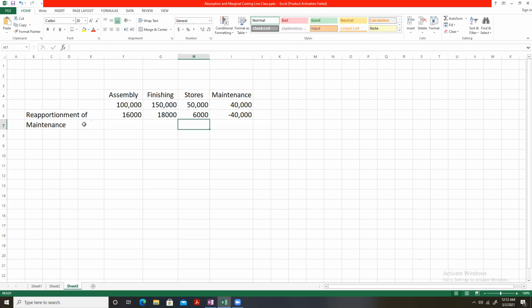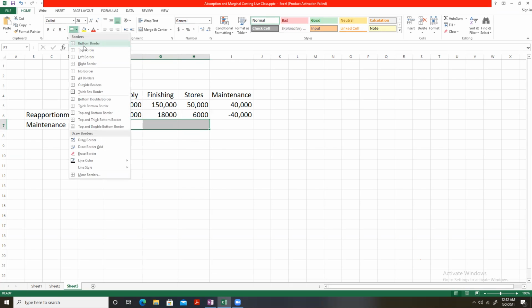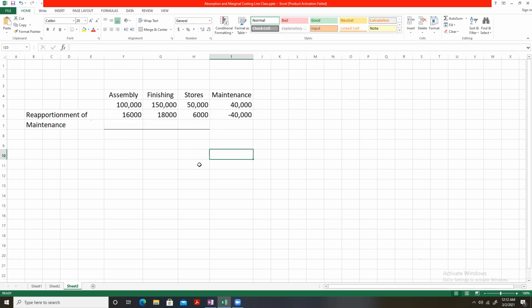Here we have reapportioned overheads of maintenance to the other three departments.